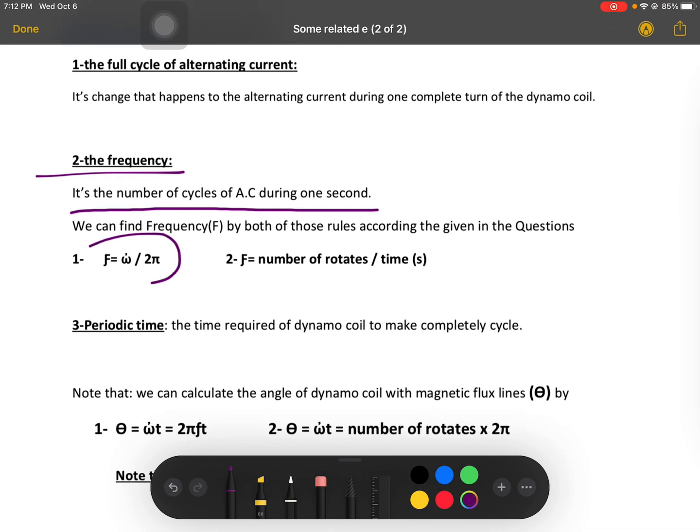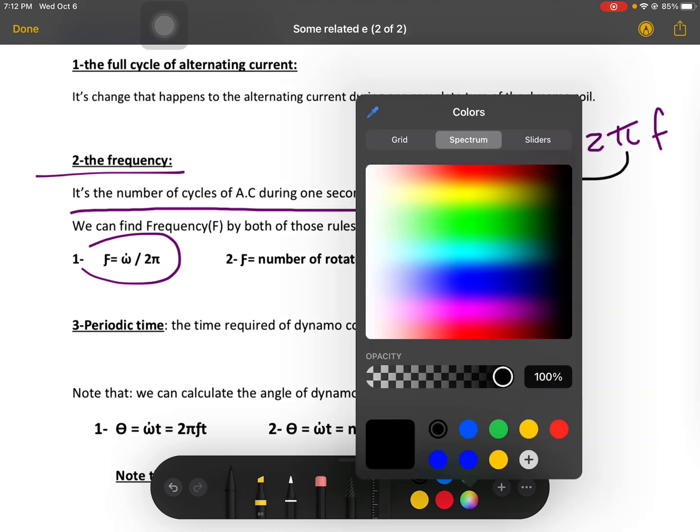The first one, frequency equals omega over 2 pi. We got this relation from the last session. If you remember, we said omega equals 2 pi f, so by moving 2 pi to the other side, f will equal omega over 2 pi.